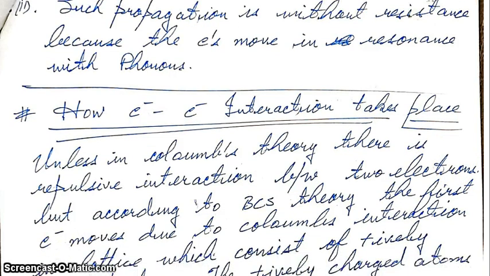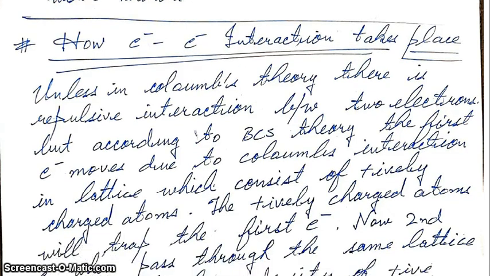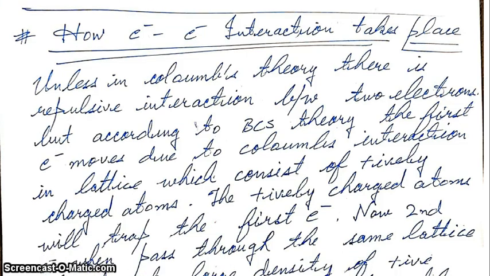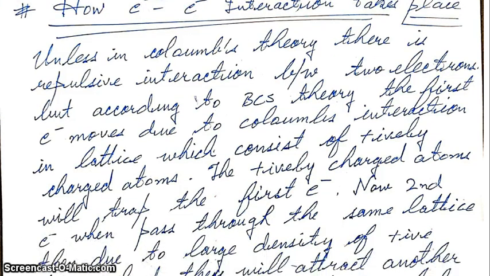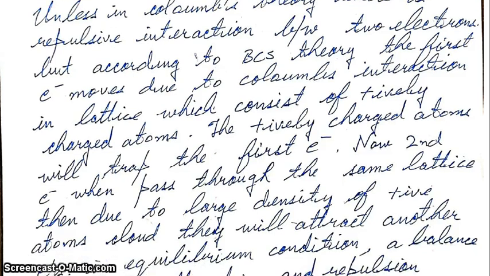According to BCS theory, the first electron moves through the lattice, which consists of positively charged atoms, due to Coulomb interaction. The positively charged atoms will trap the first electron. Now when a second electron passes through the same lattice, due to the large density of the positive atom cloud, it will be attracted in an equilibrium condition.